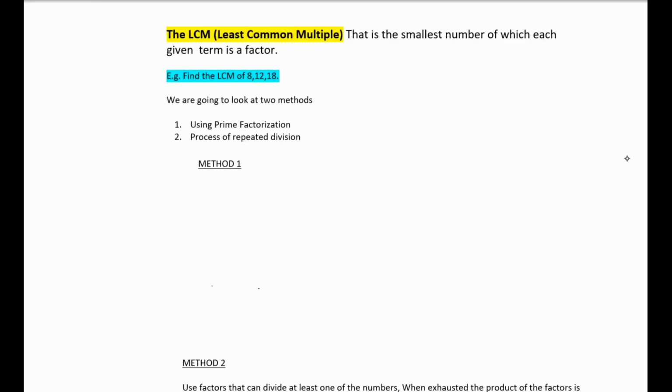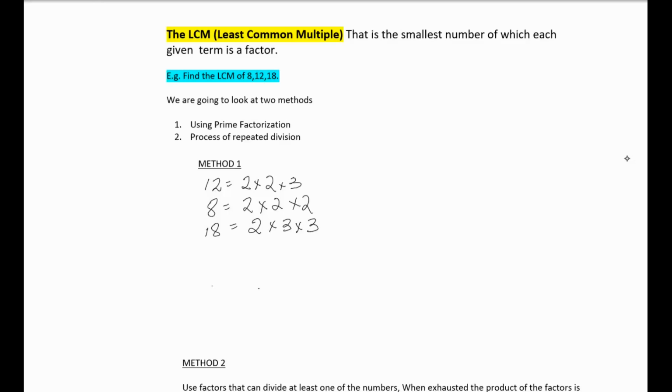Now we are going to use the method of prime factorization again. In this method, we are going to use the same information that 12 is equal to 2 times 2 times 3. Sorry, 8 is 2 times 2 times 2, and 18 is equal to 2 times 3 times 3.